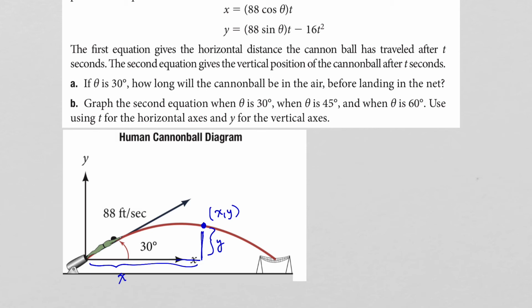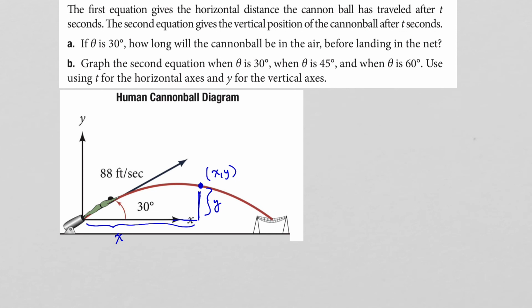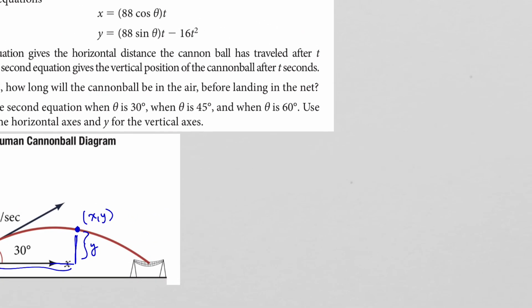All right, now let's talk about the questions that they ask. The first question says, if theta equals 30 degrees, how long will the cannonball be in the air before landing on the net? First of all, if theta is 30 degrees, we need to figure out what these equations would look like.